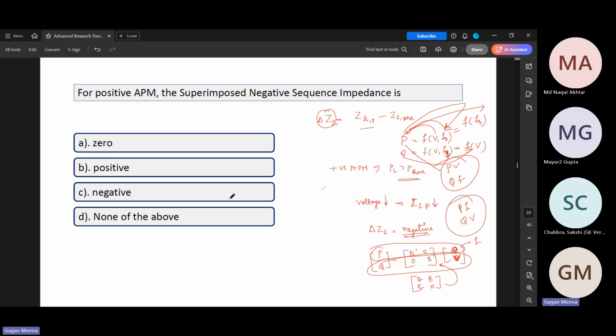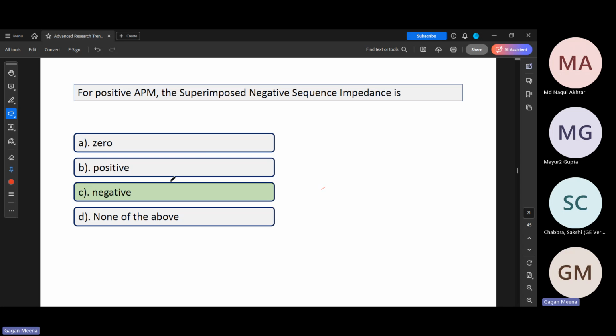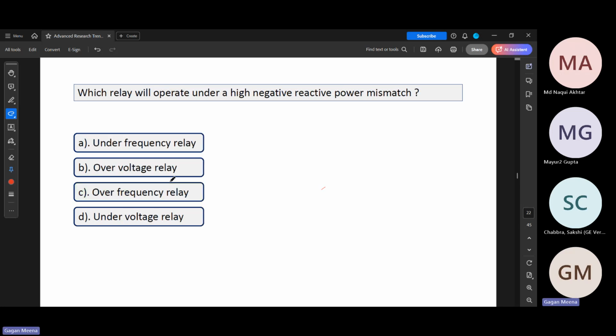Okay, so we saw that for positive active power mismatch, the superimposed negative sequence impedance is negative. So this is an easy question. Which relay will operate under a high negative reactive power mismatch?